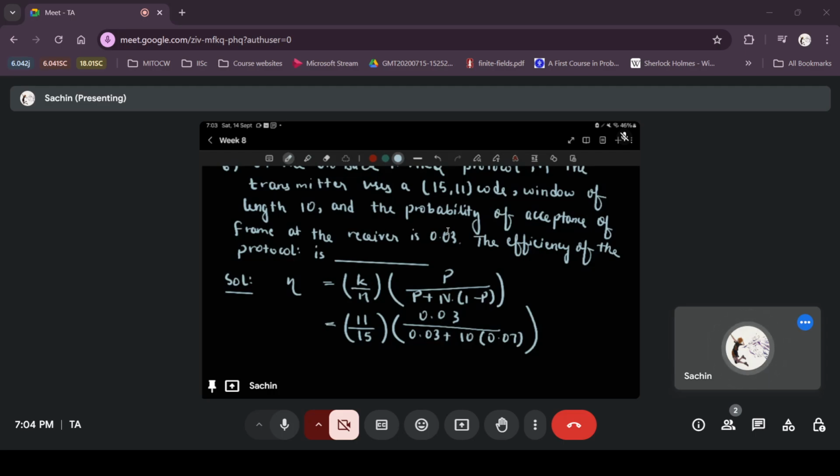They say the answer is 2.3 into 10 power minus 3, but this doesn't give 2.3 into 10 power minus 3. Let me go find my calculator. 0.03 plus 10 times (1 minus p).